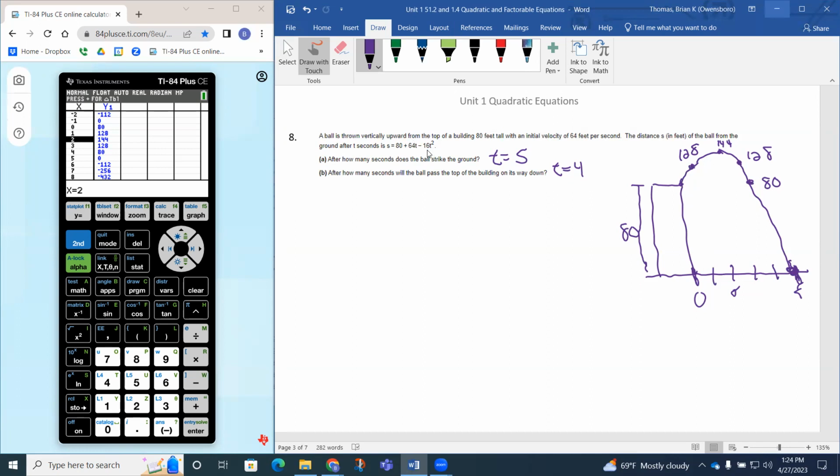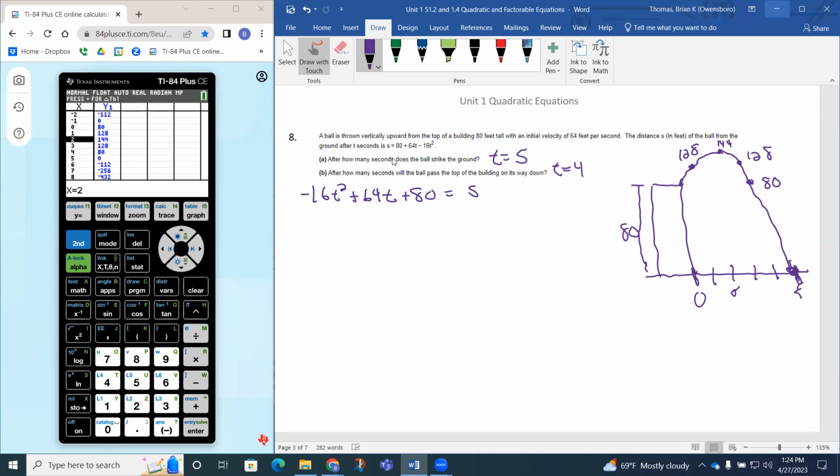Now, if I wanted to use algebra to solve this, one of the things I would do to start with is rewrite this as negative 16t squared plus 64t plus 80 is equal to s. I like to have my quadratic part on the left side. Notice how this term is negative, so I put a negative 16t squared.